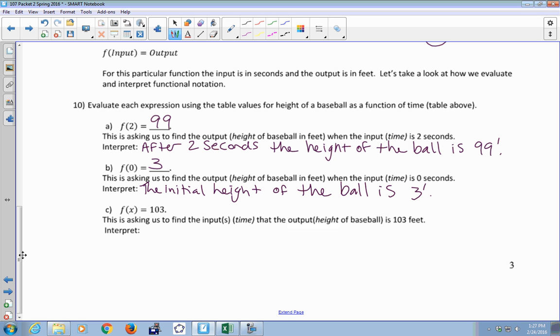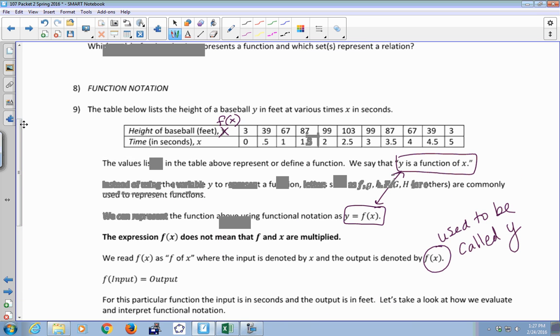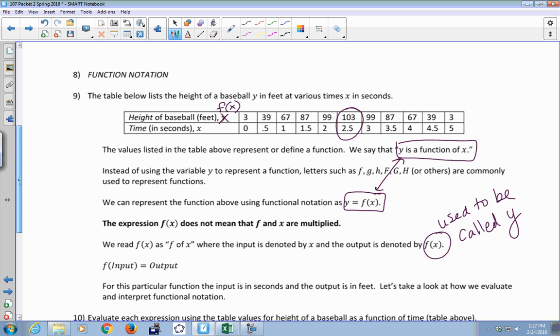Good. All right, what if I ask f of what number gives me 103? Now I'm asking you to tell me a time that the height is 103 feet. 2.5? Let's see, go back up and look. Find 103, happens at 2.5 seconds. Good.